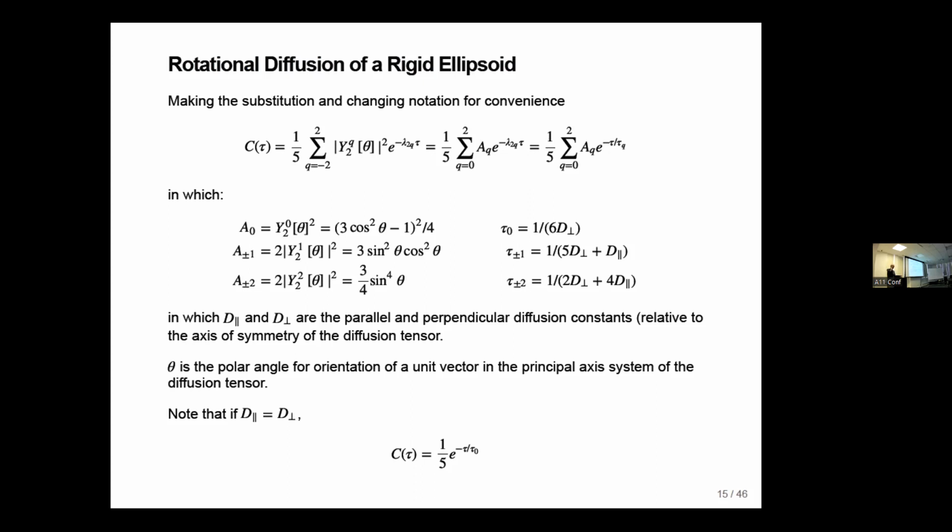So if we collect relaxation rates for many spins, many NHs in a protein, there's going to be variation that comes from the different orientations in the molecular frame, which means we can try to extract information on the diffusion tensor from the relaxation rate constants.